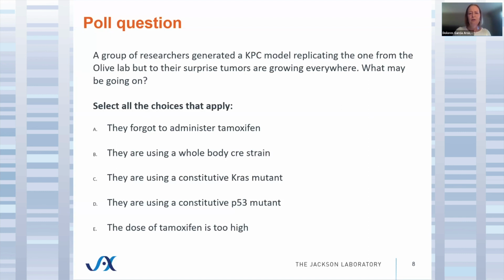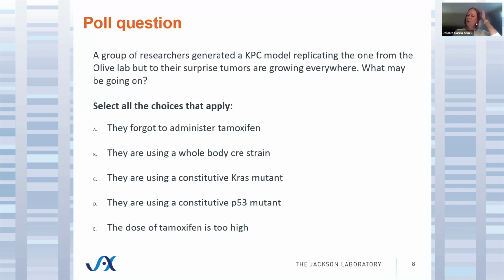If you could please select all of the choices that may apply. One is they forgot to administer tamoxifen. The other one, they are using a whole body Cre strain. Another one is they are using a constitutive KRAS mutant. Another one is they are using a constitutive P53 mutant. And the last one is the dose of tamoxifen is too high.